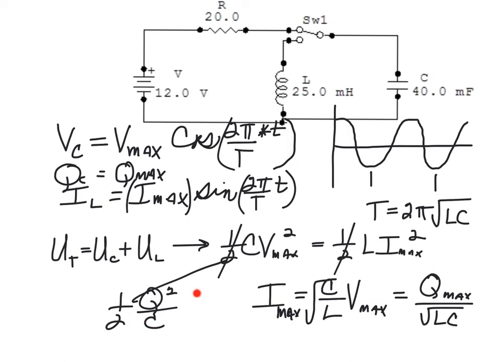If we had used this equation, that's what you'll see on your equation sheet, instead of this one, in terms of Q max, that's Q max, by the way, we would get that I max is Q max divided by the square root of L times C, which is the same thing that shows up here. So don't be confused by those two forms. It's just different algebra. And that's the way you get the I max.